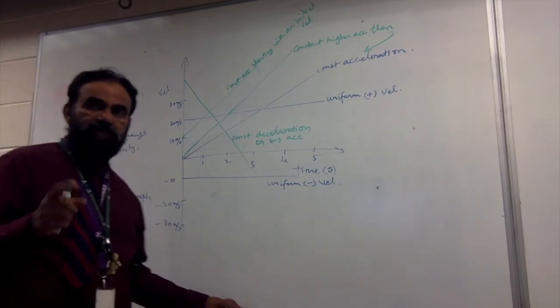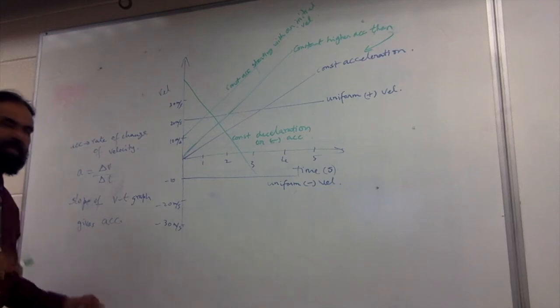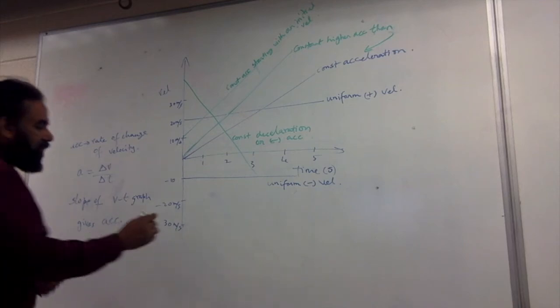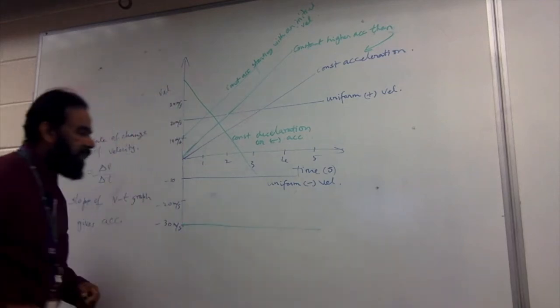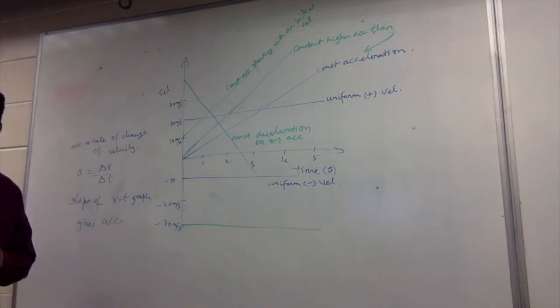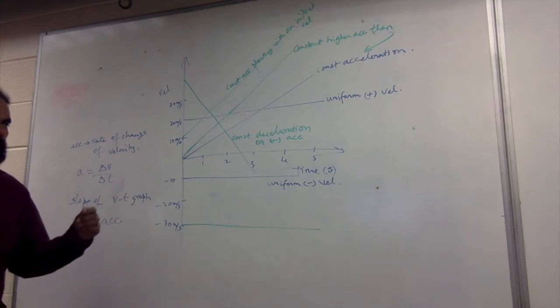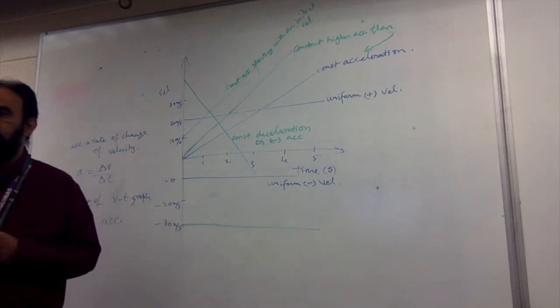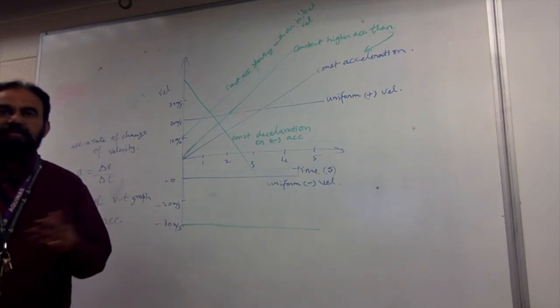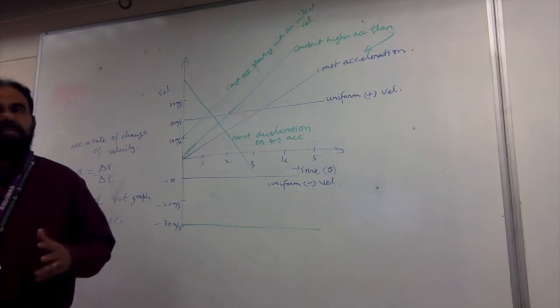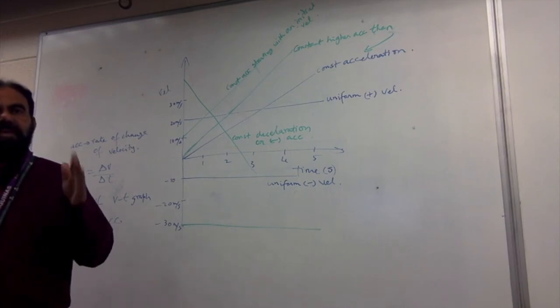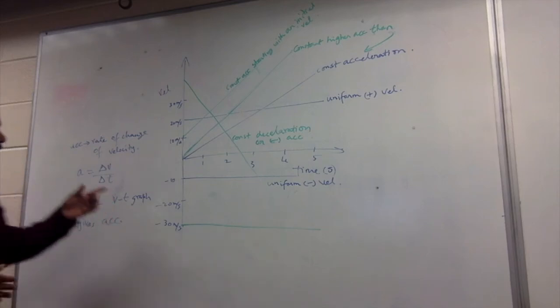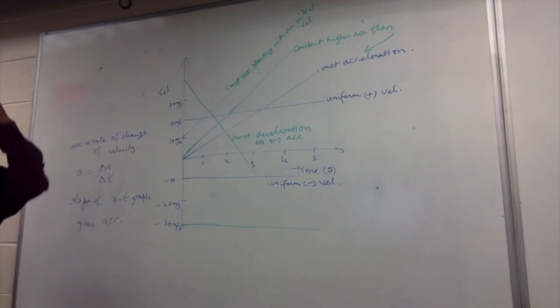Got it? Any stroke on the line will make sense. So if you're drawing a line like this, what is that? What's the acceleration of this line? Zero. That means it's not accelerating. If something is not accelerating, its velocity must stay the same, because change of velocity is what causes acceleration.